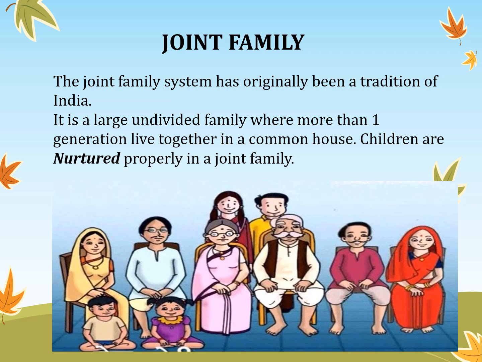More than one generation means one generation is your grandparents, your grandmother and grandfather. Then the second generation is your parents, mother and father. Now the third generation is you people. You are children. So three generations are living together in a common house.